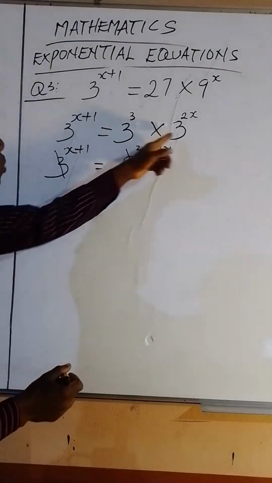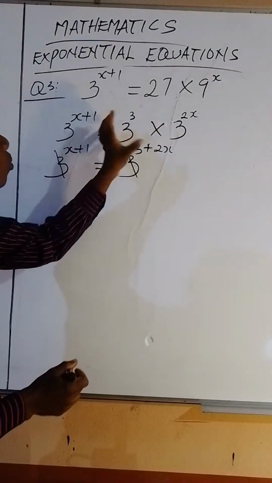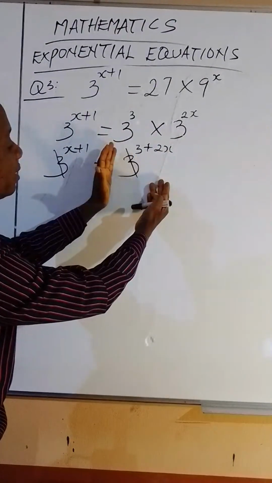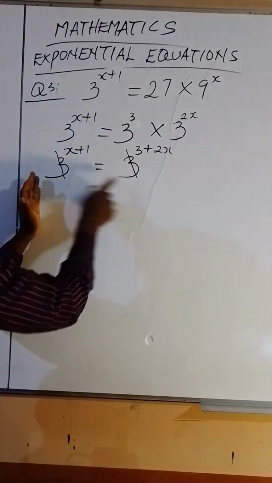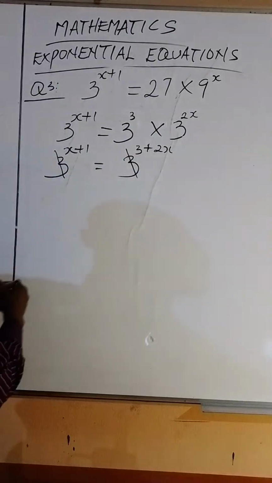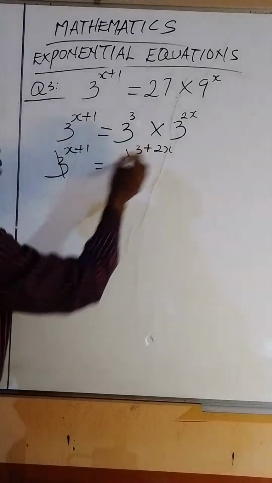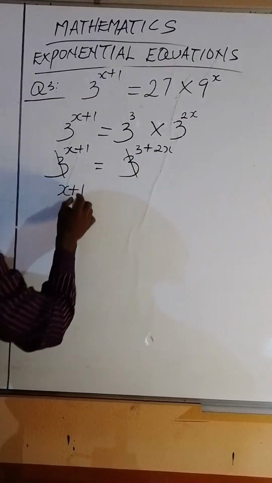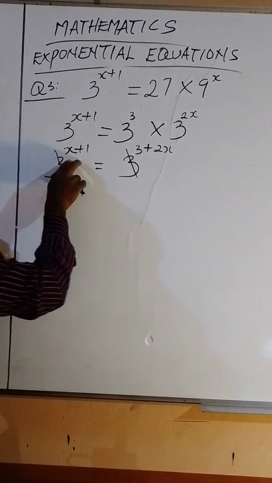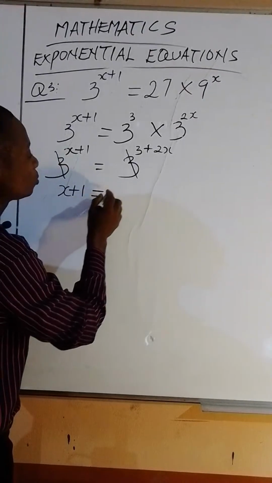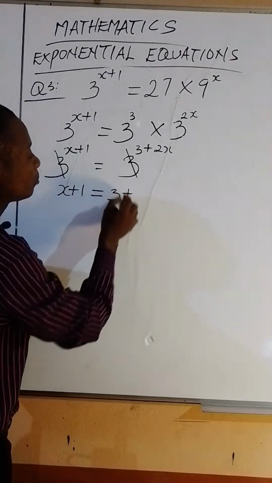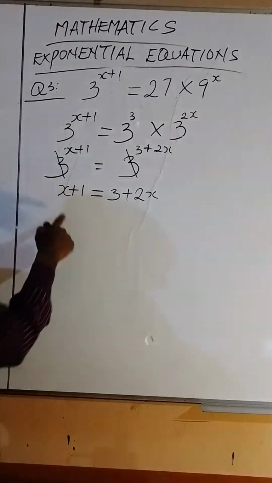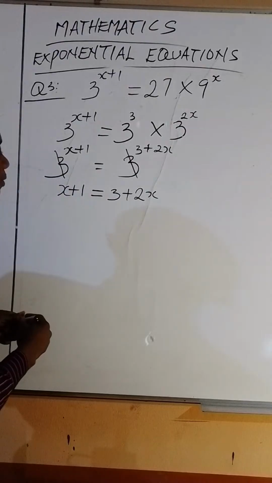Don't strike out here, okay, because you have to simplify this one together using the law of indices before striking. So the implication now is that we are going to equate the exponent, which is x plus 1 at the left-hand side, equals 3 plus 2x at the right-hand side. So we can collect our terms.